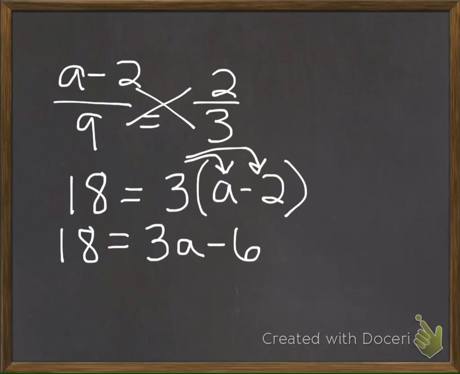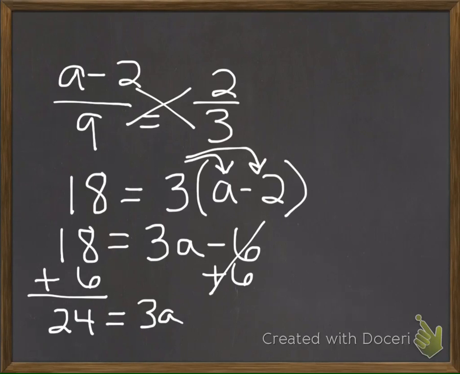Still solving for a. The first thing you do is get rid of that tail, which is the minus 6. So you add 6 to both sides. It makes it go away on the right side, and you're left with 24 on the left side equals 3a. Okay? And then you solve for a. Divide by 3, divide by 3. These cancel. A would equal 8.